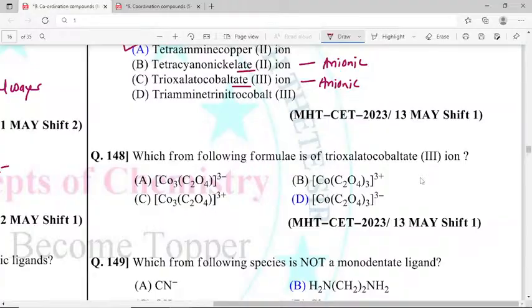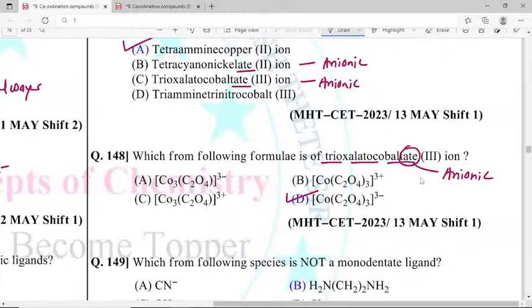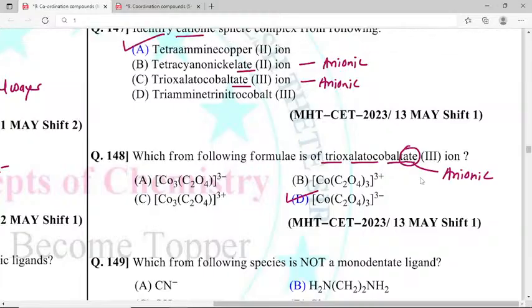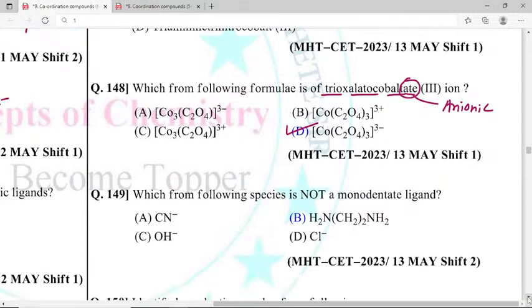Which of the following is the formula of trioxalato cobaltate? Cobaltate, the name ends with ATE. AT stands for anionic complex. So option D is correct. Oxidation number should be plus 3.